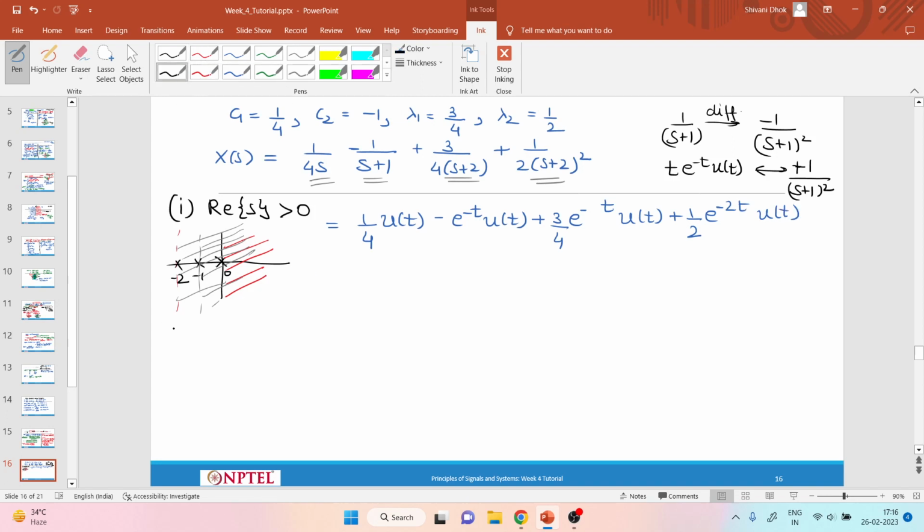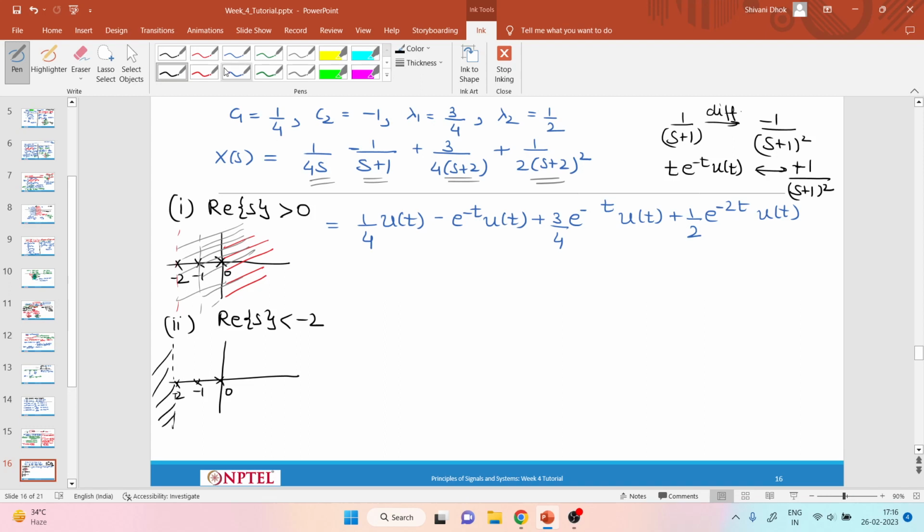The second case that we are having is real part of s less than minus 2. So what does it say? It's something like this. My minus 2 is here, my minus 1 is here, and this is 0. So my ROC is something like this.